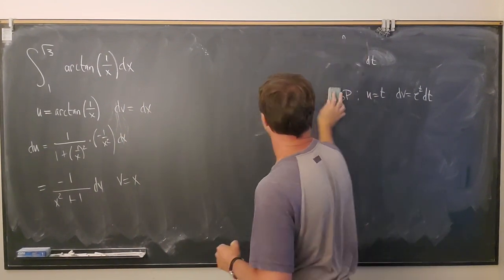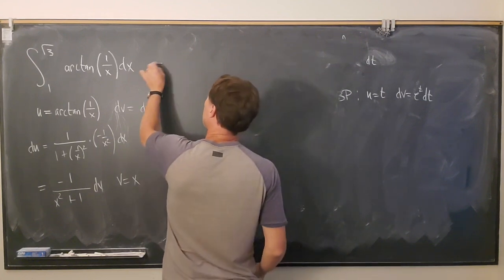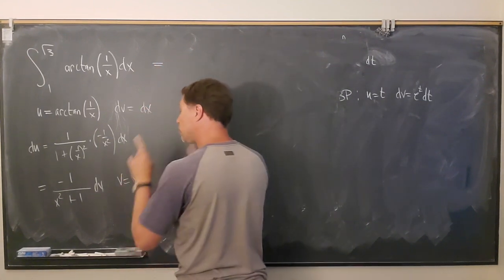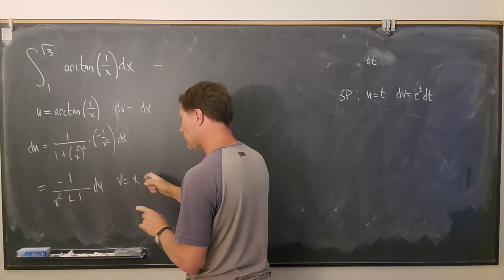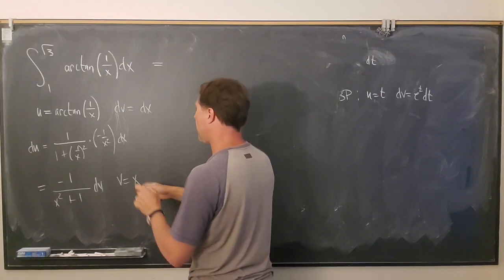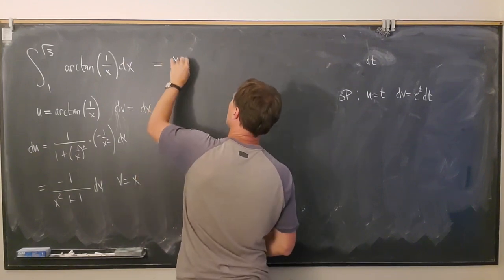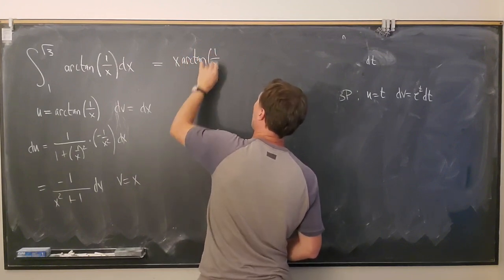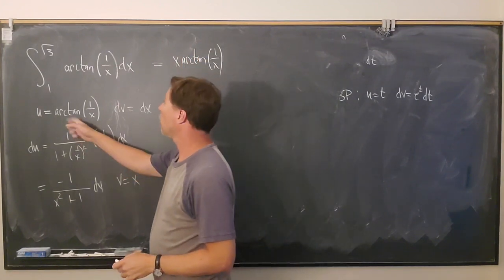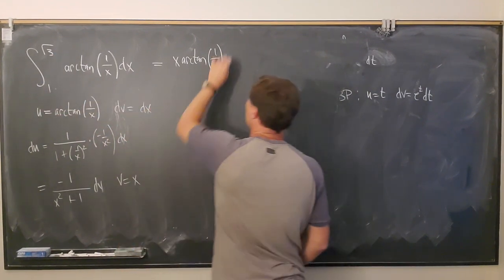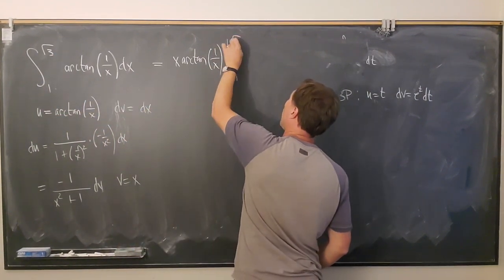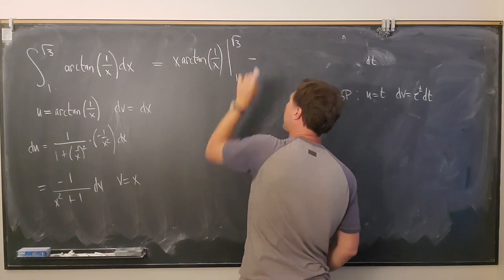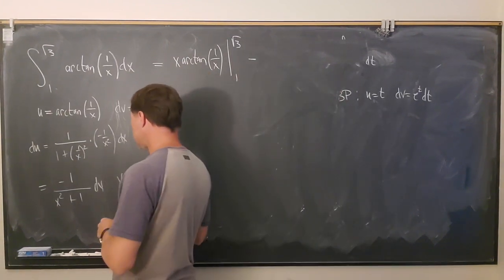So now let's apply our integration by parts formula. What we'll get is u times v, so that's going to be x arctan 1 over x. We're doing a definite integral, so I need to evaluate at 1 and root 3, minus the integral of v times du.